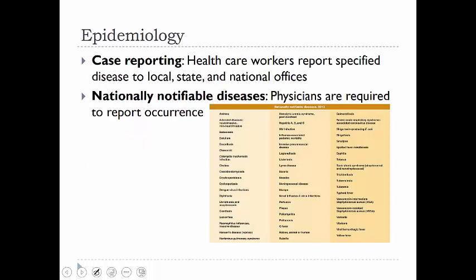Healthcare workers are required to report specific things that go to the local, state, and national offices. There are nationally notifiable diseases that physicians are required to report. This table here is the list from 2013. If you have someone come in with any of these, you have to report it.